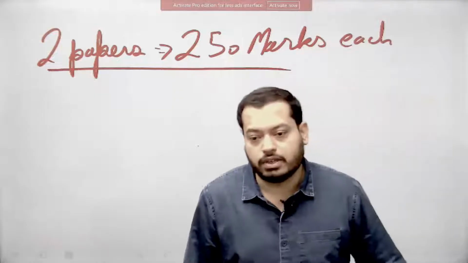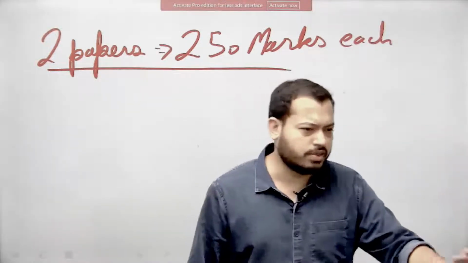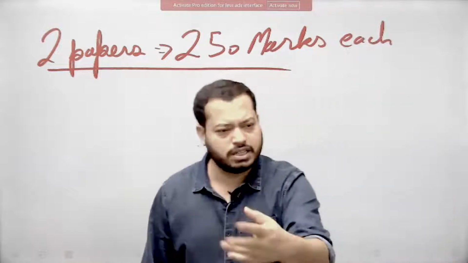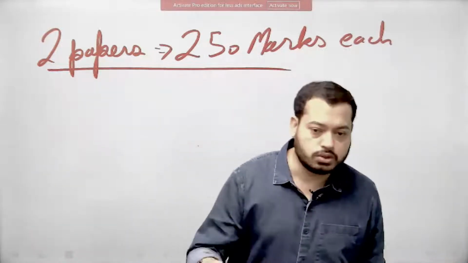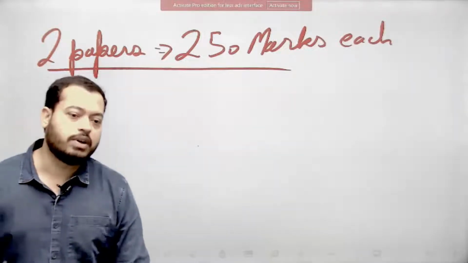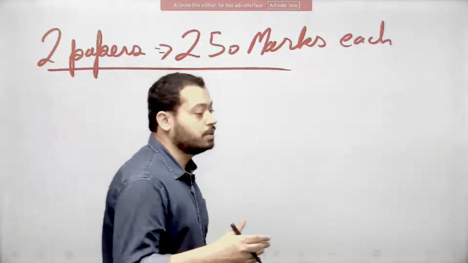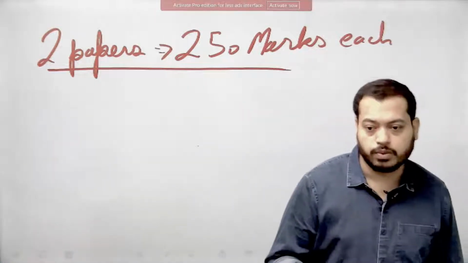Everywhere you will have the overlap of humanities subjects, whether it's history or political science. But political science and international relations is the one which will have the maximum overlap.